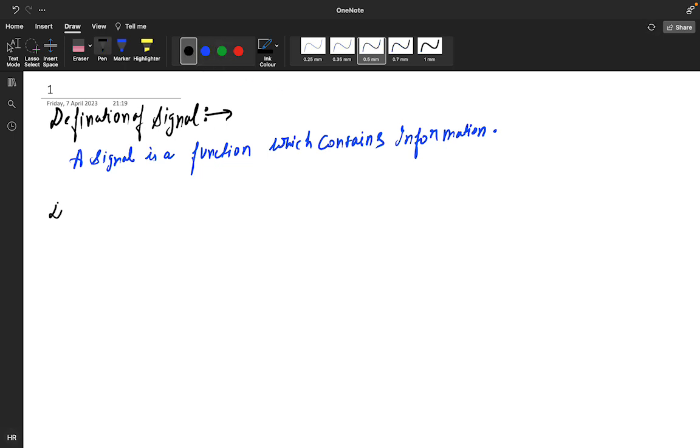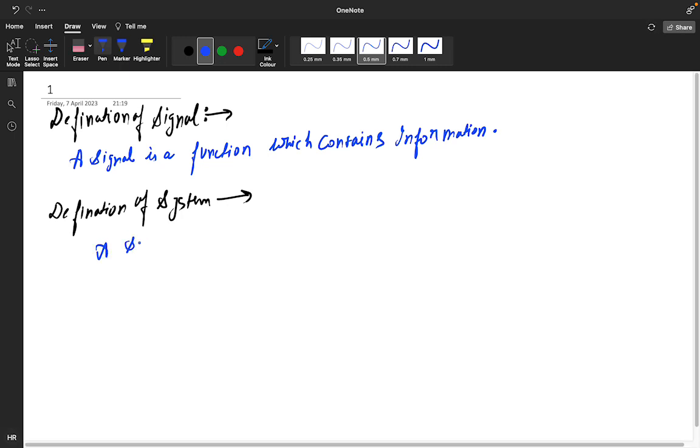And what is the definition of a system? Write it down. A system is a medium which processes the signal.